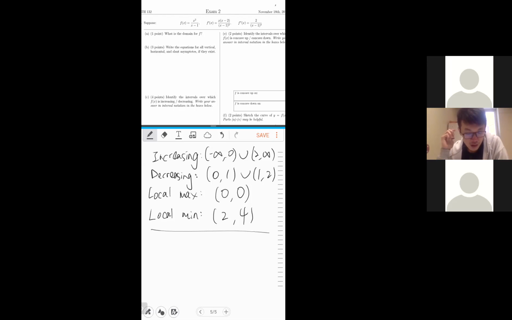So what I did was I used the first derivative to find increasing and decreasing, and then to check which one is the local max and which one is the local min. So what is the second method for checking if a critical point is a local max or min?